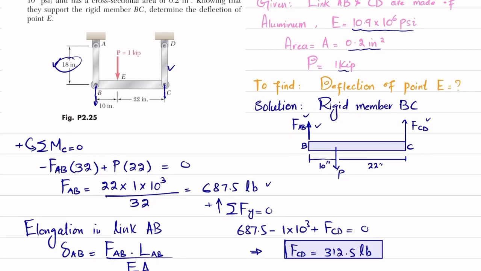That is del B, and that del B is 5.67 into 10 raised to power minus 3, while this point C will move del C, and that is 2.5803. It means that due to this loading, this stretch will be like this. This will be like this, and your rigid beam will be tilted.